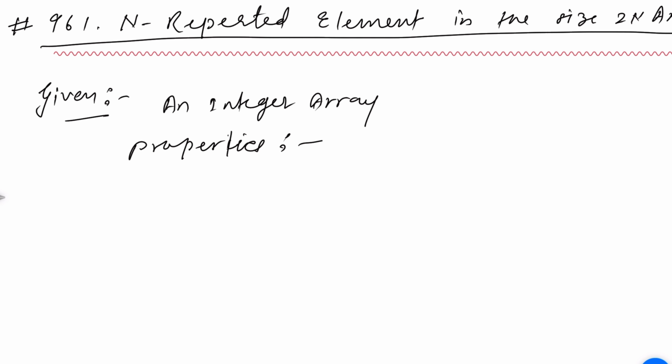Very first, it is saying that nums.length, let's suppose its name is nums, is equal to 2 into n.